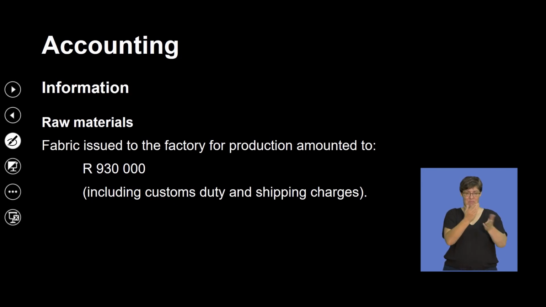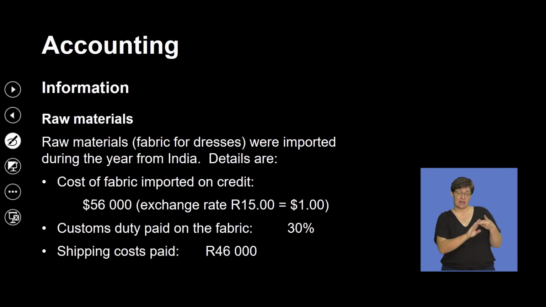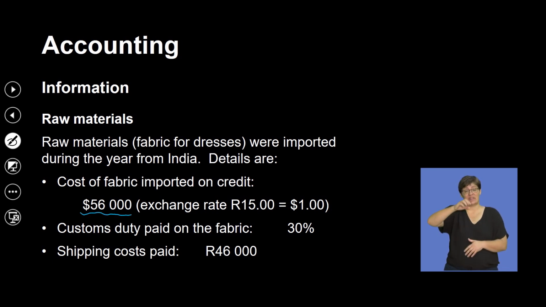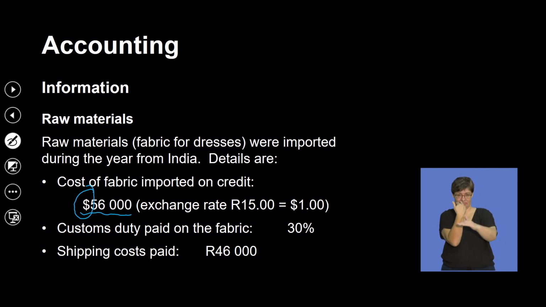Okay, what else do I know? I'm told that raw materials were imported for the year from India. We bought to the value of 56,000. But be careful, 56,000 what? Can you see? There's a dollar sign in front of the 56,000, telling you that you had bought it, obviously, and you paid in dollars because you imported the material.